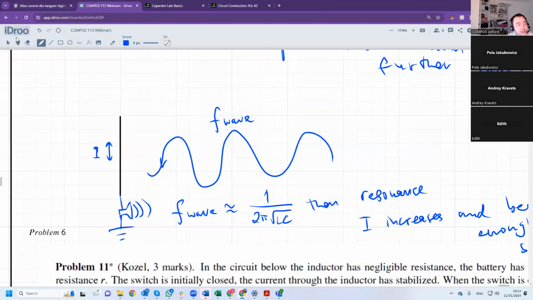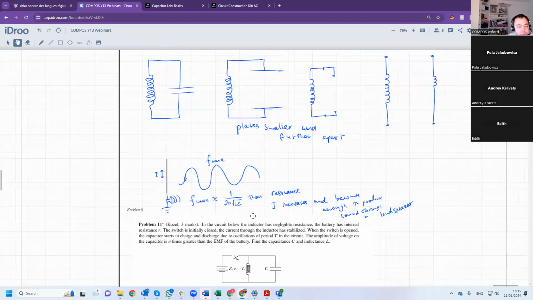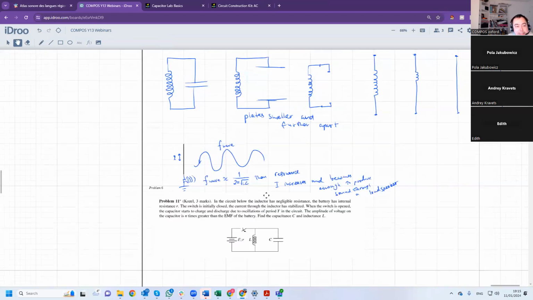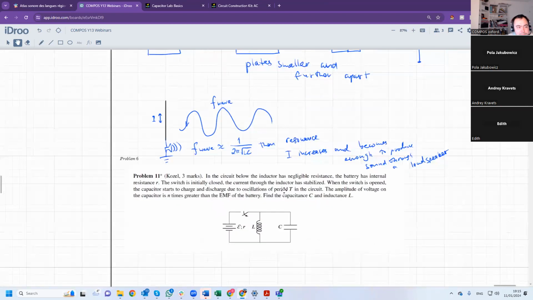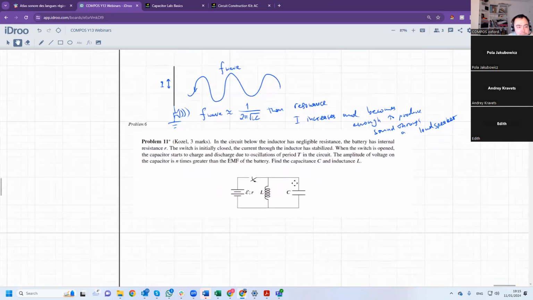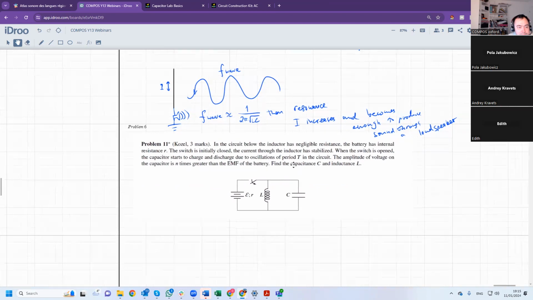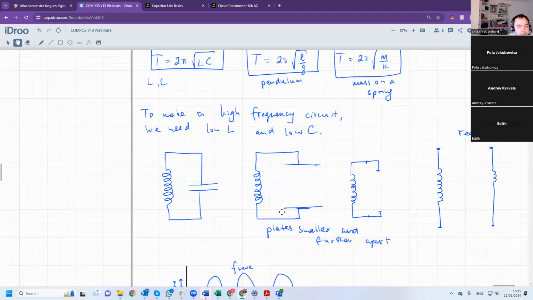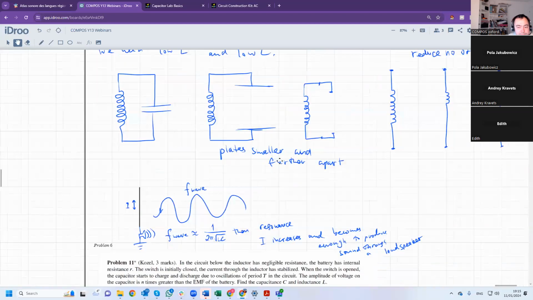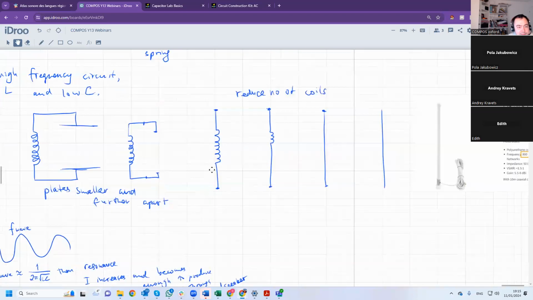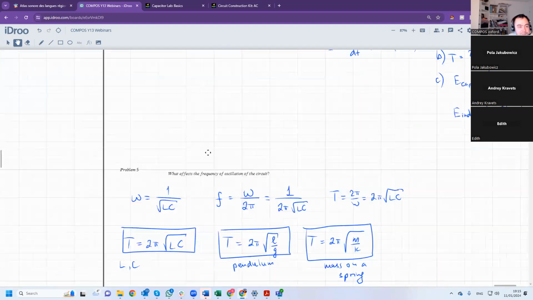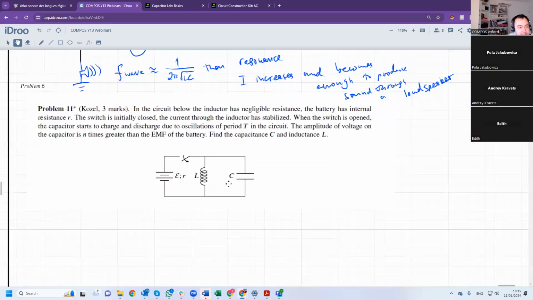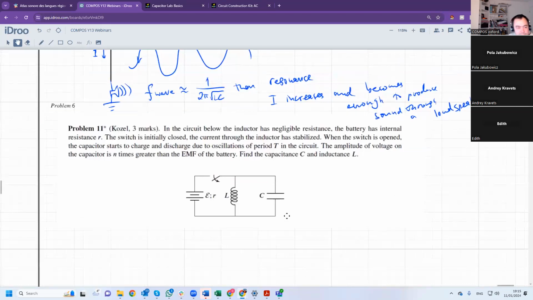It's a non-zero inductance, even if it's just a straight wire. So yeah, these are the ideas behind oscillating circuits. What else did I want to mention?